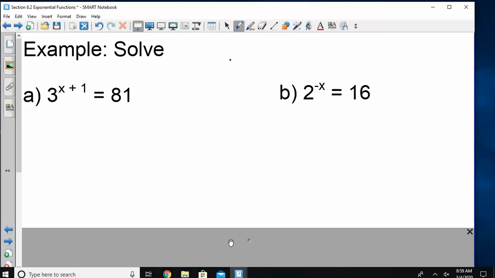So if I ask you to solve 3 to the x plus 1 power equals 81. In order to be able to use this property, I have to get them to be the same base. Now 3, there is really no other way to rewrite that, so it's going to have to stay. Then my question is, can I write 81 as 3 to some power?